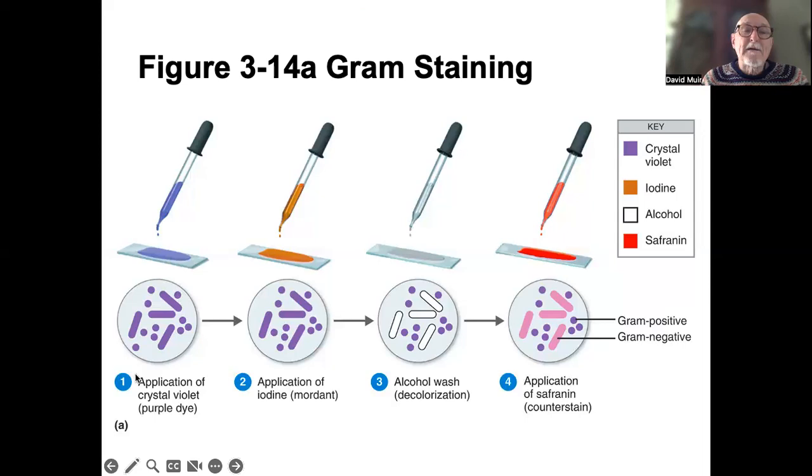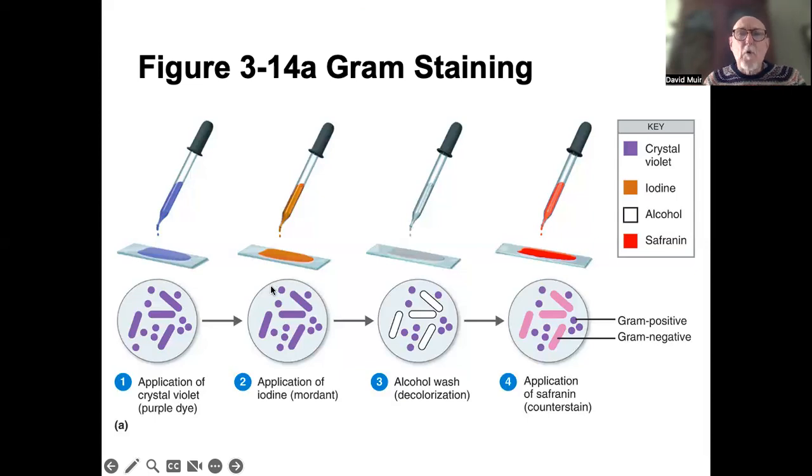You apply a dye called crystal violet. It's a deep purple color, and crystal violet is just a general stain. We can use it just in routine if we want to stain cells to see their shape, etc. But here it's being used for a special purpose. So we initially stain with crystal violet, and we then apply an iodine solution.